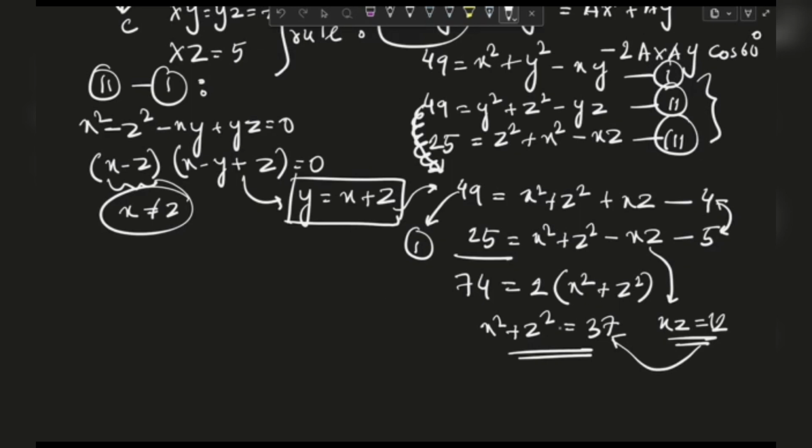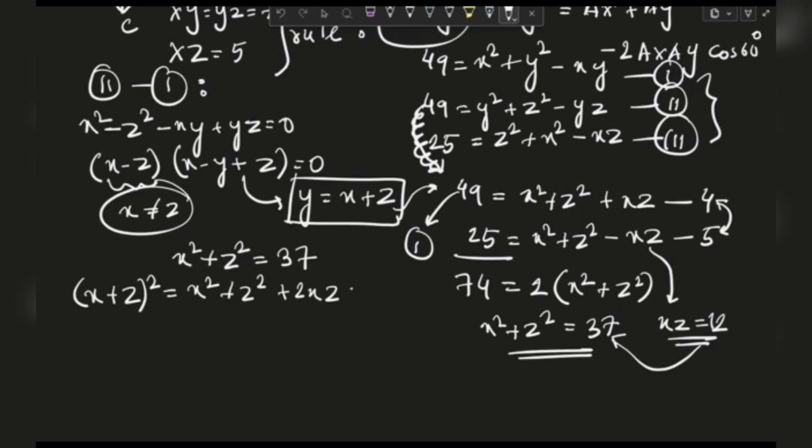Rather than solving this quadratic, I can apply another trick. I will write x squared plus z squared as 37, and now I am taking the values of x plus z and x minus z whole squared, because the calculation will be simpler than solving a quadratic with those big roots. So x plus z whole squared is x squared plus z squared plus 2xz, which comes out to be 37 plus 24, so 61.